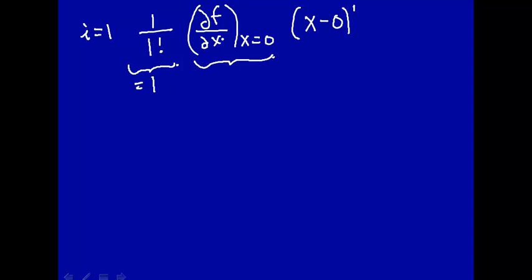The derivative of f of x, recall that f of x is ln of 1 minus x. So when you take the first derivative here, we get minus 1 over 1 minus x, and we're going to evaluate this at x equals 0, so that's a 0. And here, that is just x.